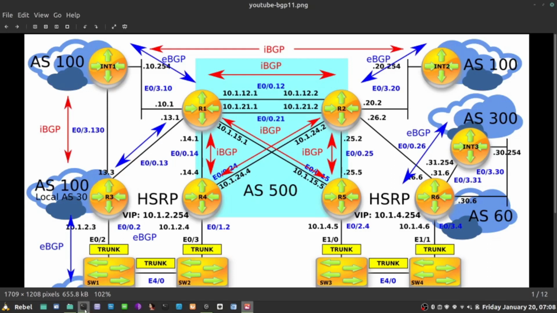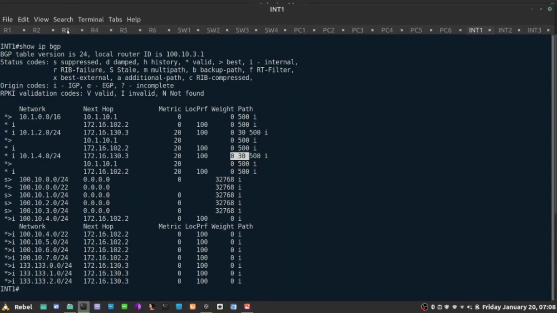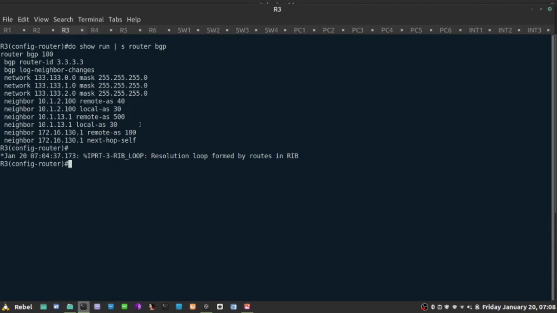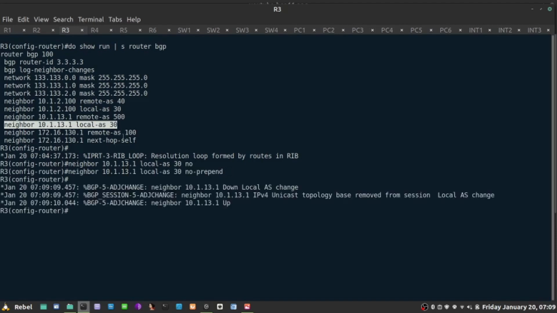So obviously the fix for that is to do it for those two neighbors. Let's maybe just copy those two neighbors real quick. Neighbor here, that's my R1, we can do the no prepend command. That resets the relationship here with R1 and it advertises itself.